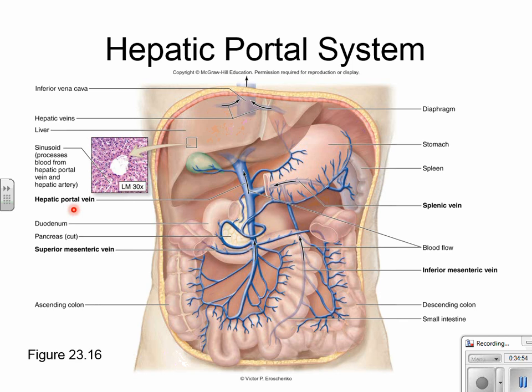Hepatic portal vein. Now, guys, we all know that hepatitis is a liver problem, and we've probably all heard of alcoholism affecting the liver. You can get what you call hepatic hypertension.